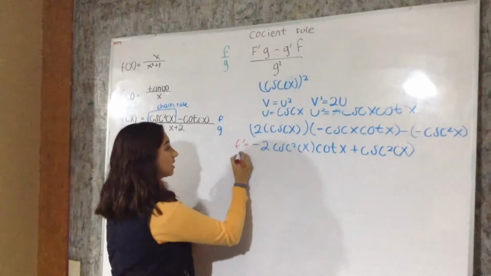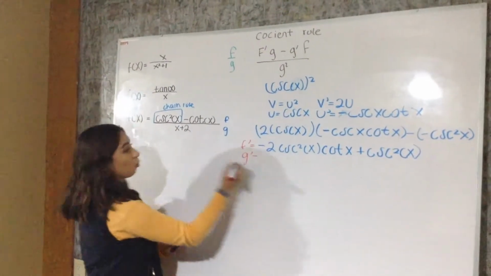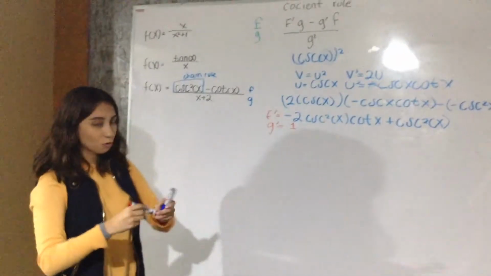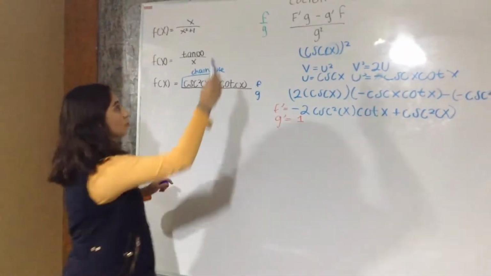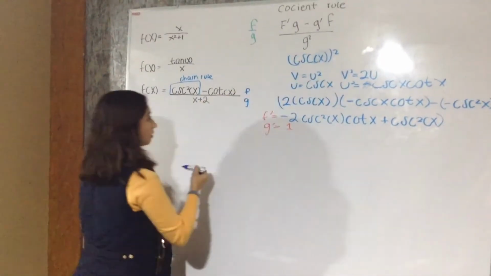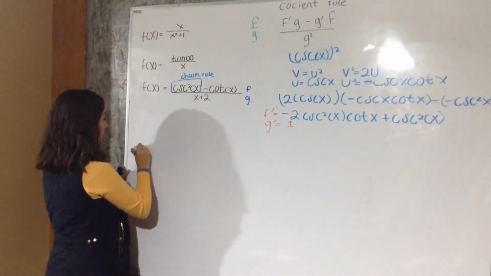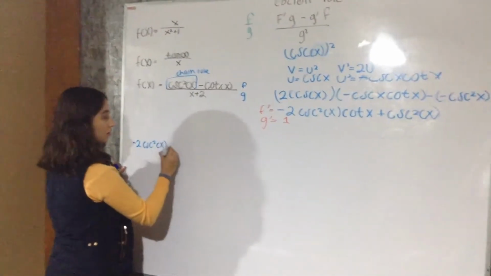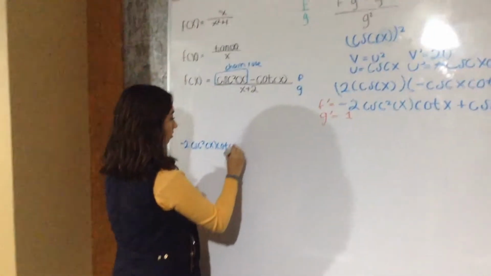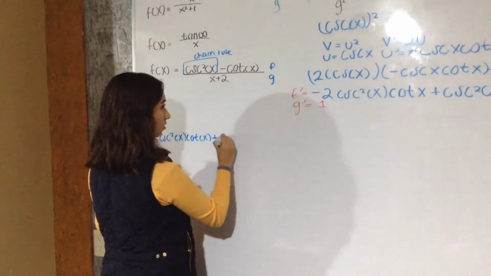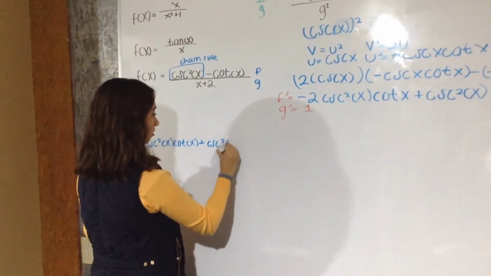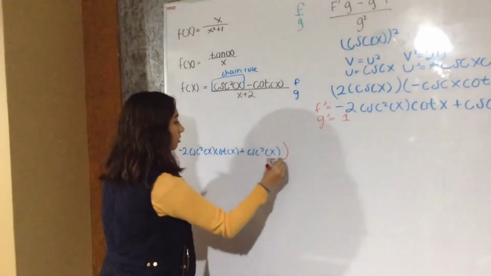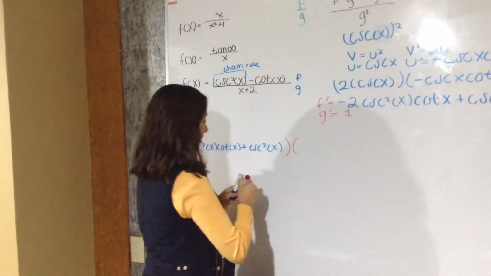And the derivative of my g is going to be 1. Now we are able to apply the quotient rule. First, I'm going to make the derivative of my f here. That is 2 minus 2 cosecant square of x, all of this is going to be multiplied by g.